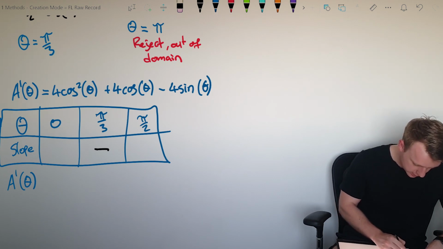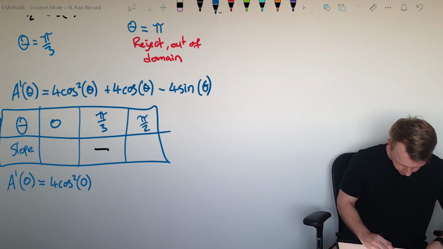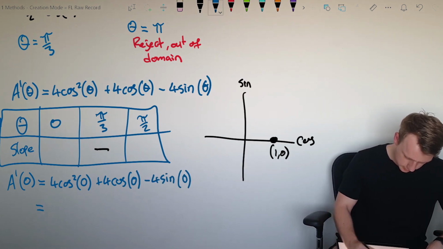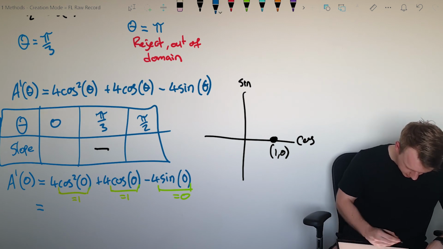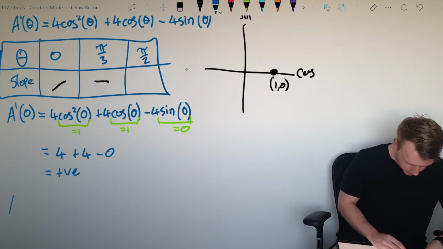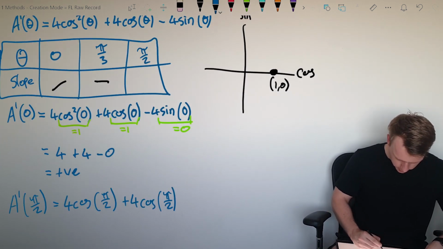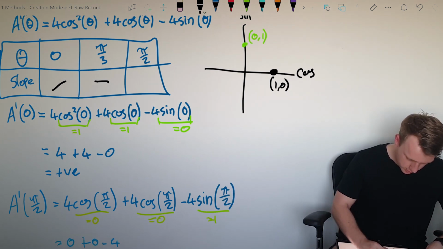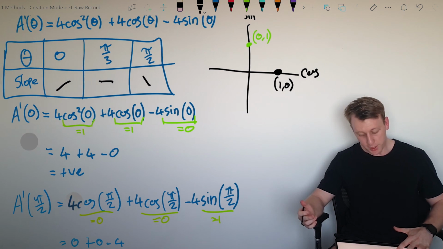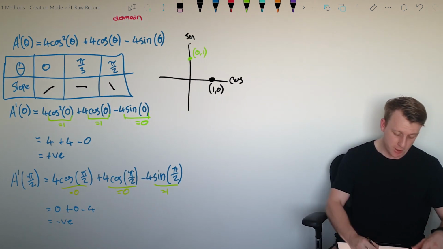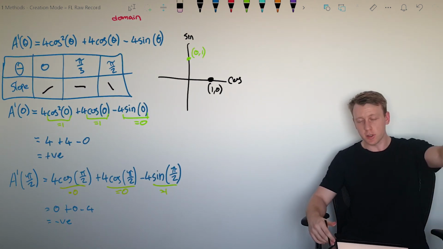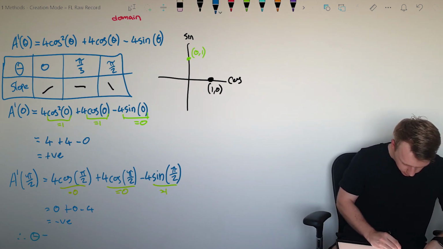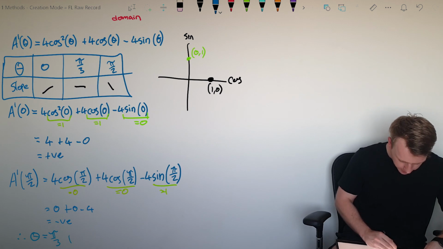So I'm going to consider it when it's 0. Therefore, we'd have to conclude that pi on 3 is actually a maximum because the slope is increasing, then it's flat, and then it's decreasing. So I'd say therefore, theta equals pi on 3 provides a maximum area.